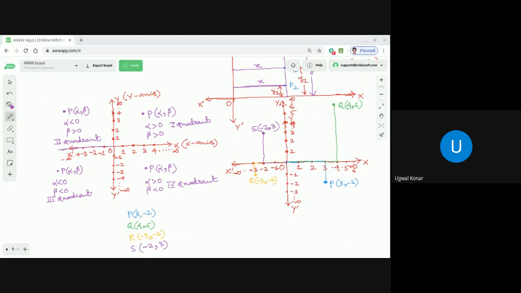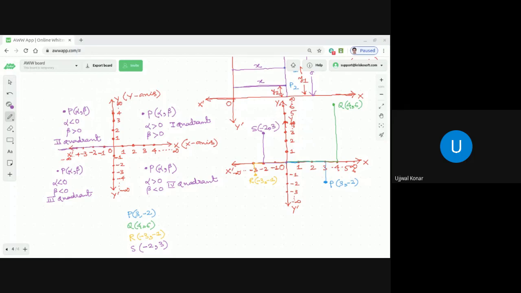So what we learned, dear students, is that you observe the position of any object lying in a plane, and you can represent that with the help of two perpendicular lines.